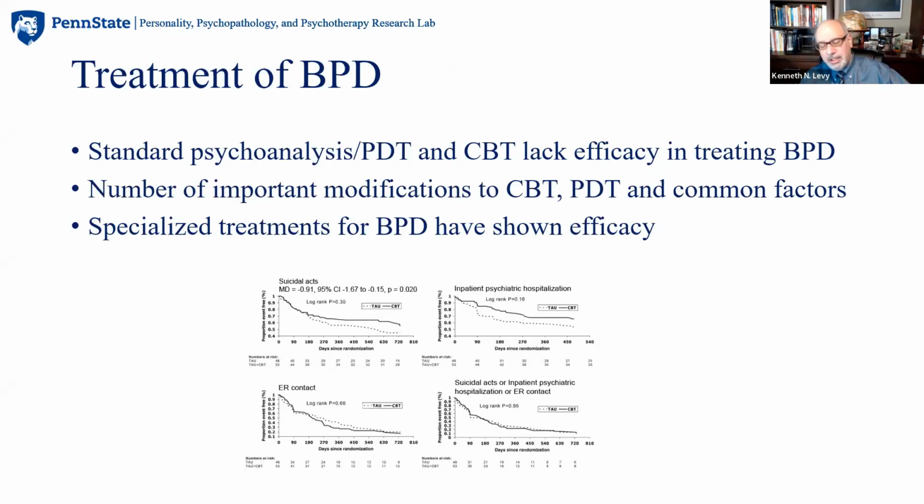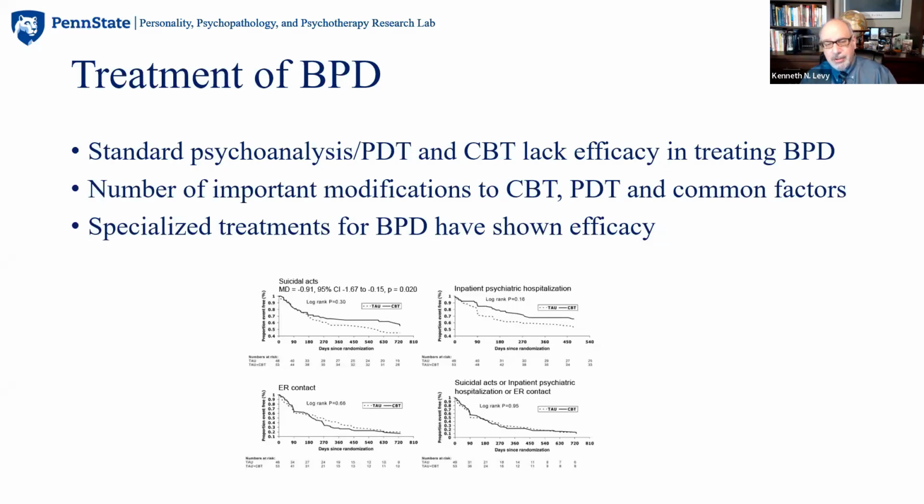And here at the bottom of this slide, I'm showing data from an RCT comparing CBT to treatment as usual, which found no significant differences, and why I would strongly suggest that standard CBT wouldn't necessarily be useful.